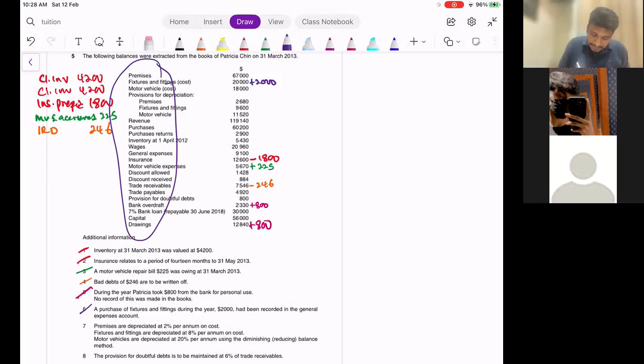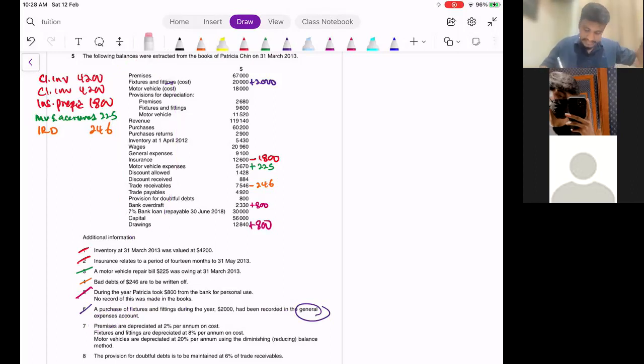So now I purchase fixtures. I'm supposed to put it in the fixtures box, but I mistakenly recorded it in general expenses. So what do I need to do now? I need to minus 2,000 from general expenses, take it out and put it back in fixtures and fittings. That's the concept. Minus 2,000.